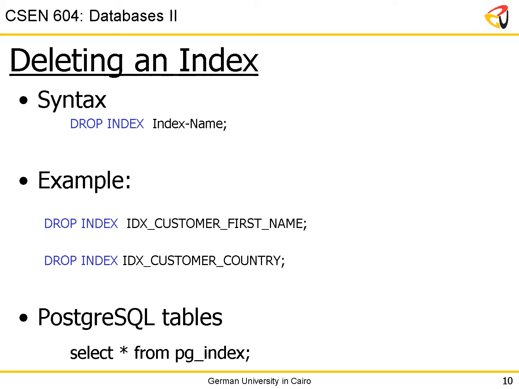What I want to communicate to you is that indices are great, but they involve some price we have to pay, which is that they slow the insert, update, and delete a little bit.